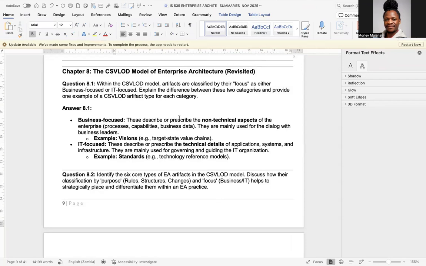So the CSVLOD model classifies artifacts by their focus, which audience they serve. The business focus, we're saying these describe or prescribe the non-technical aspects of the enterprise. And these are, from the non-technical side, the processes, the capabilities, the business, the data.